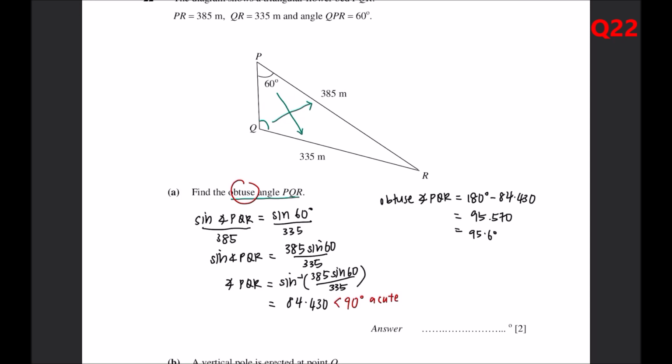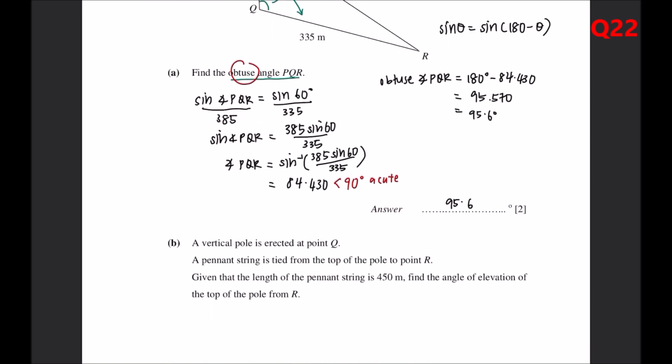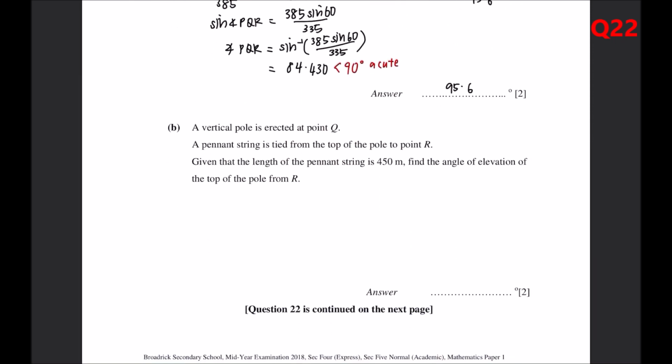Why do you take 180 minus? Recall that sine theta and sine of 180 minus theta actually give you the same value. So this is 95.6 degrees.